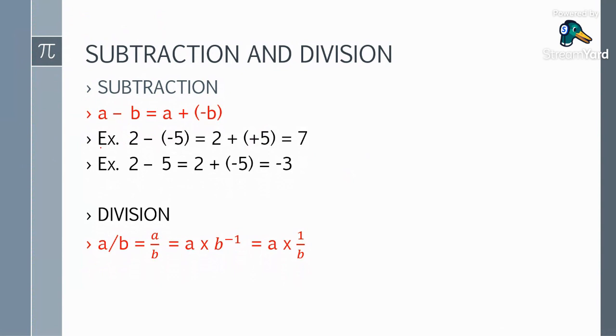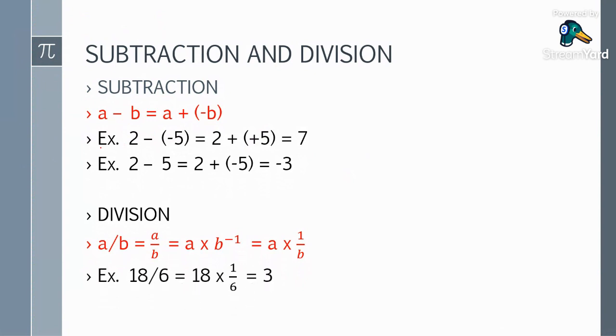A divided by B is equal to A over B, or equal to A times B raised to negative 1, or equal to A times 1 over B. This definition means that when you want to divide one number by another number, you replace the divisor with its reciprocal and then work the problem as a multiplication problem.